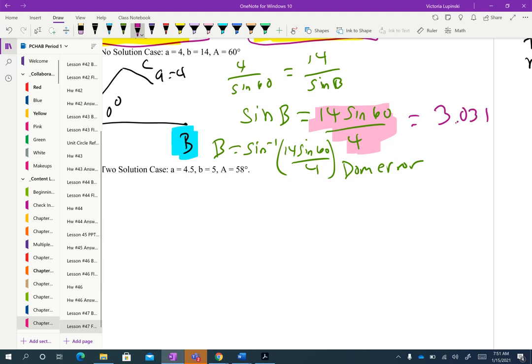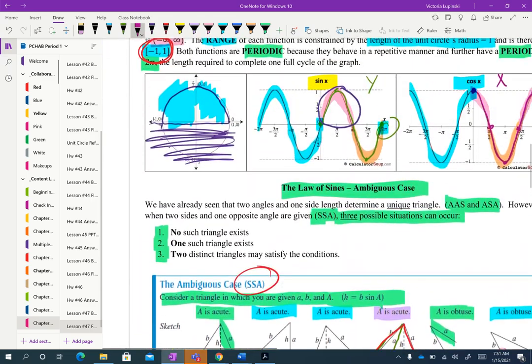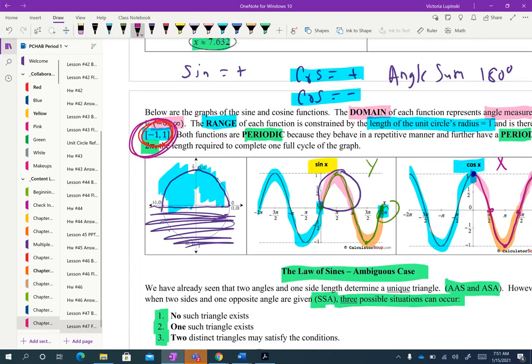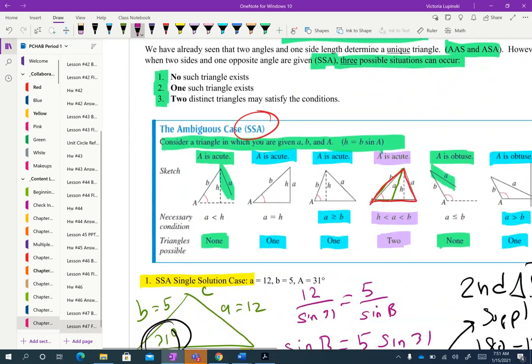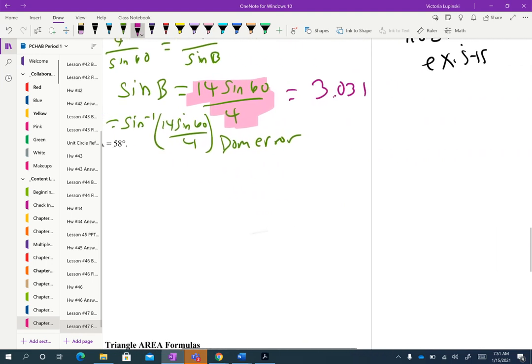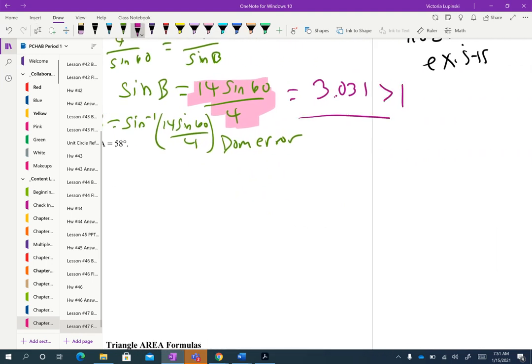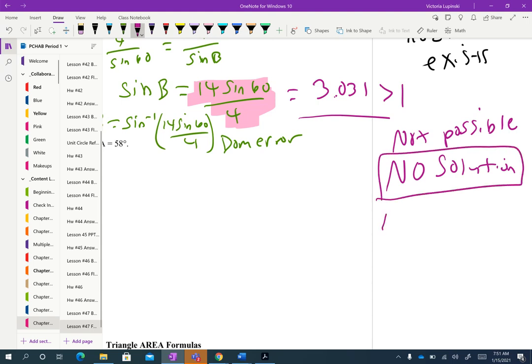One of the things we went over earlier is that the range of the sine and the cosine has to be between -1 and 1. So the fact that you got a value of the sine that is larger than 1 is not possible, which means there is no angle B. And if there is no angle B, then there's no triangle altogether, which means this is a no solution. No triangle, given these measurements, can possibly exist.